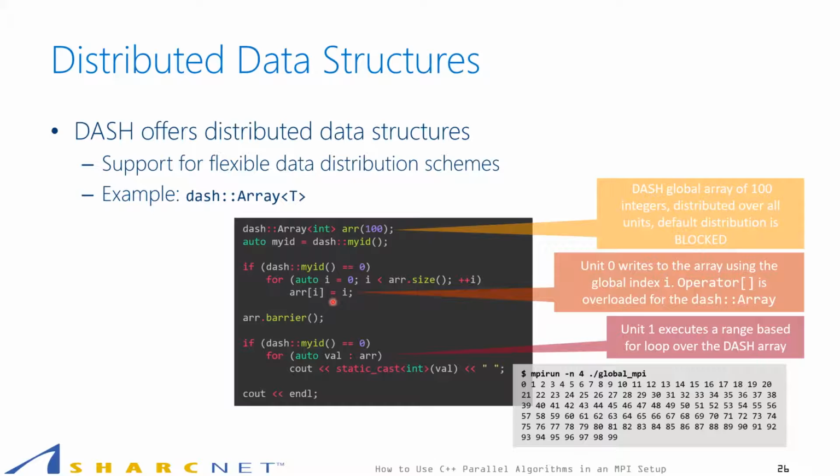You just use one core to do the whole filling, and then you can use the same unit for printing. The good thing is that all the values that you put are distributed among all the units. But all the work is done by only one of the units, and the other ones are idle.